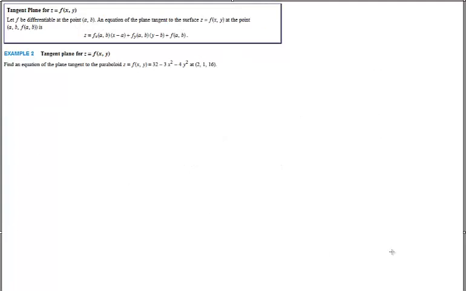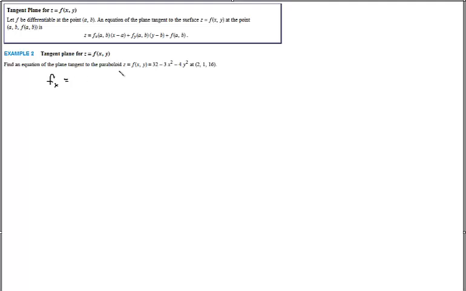This is the same question as last time. It's just given to us in a different form. I'm given this in terms of z, and it has to do with being an implicit or an explicit form of the equation. So for this explicit form, I'm going to need to find the partial with respect to x and evaluate it at that point.